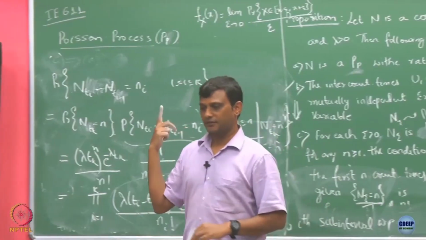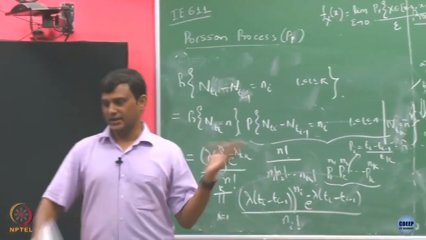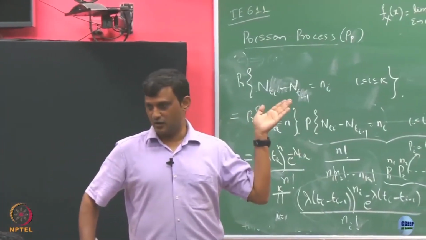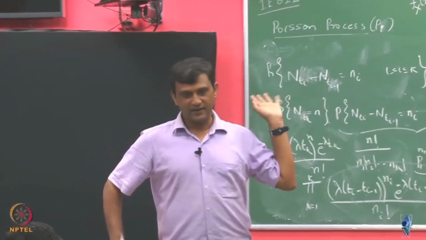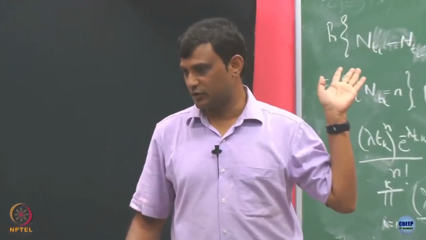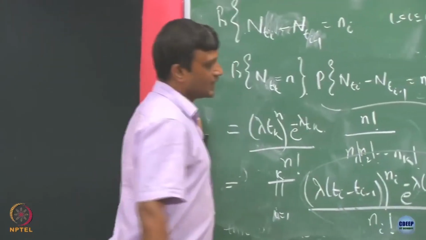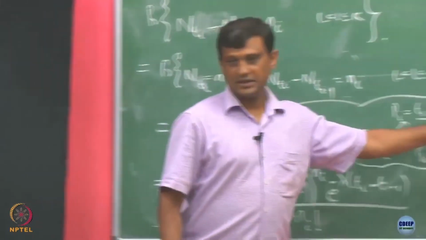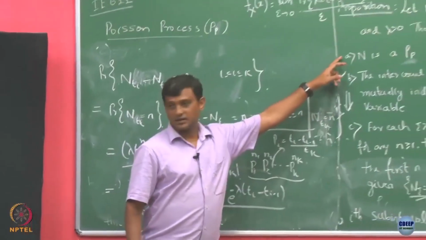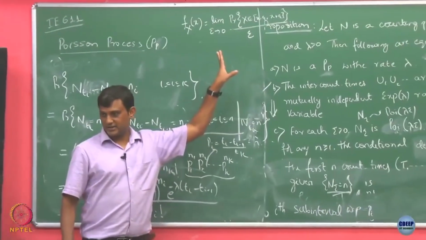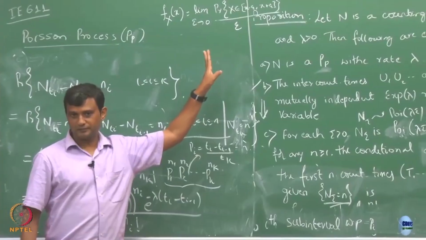And the first property, that it is a counting process, is obvious, right? We are doing a counting and you can just verify the definition of a counting process on this. So with this we are able to show that C implies the three properties of a Poisson process.